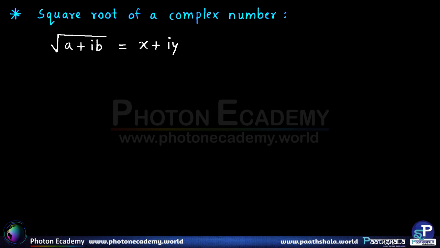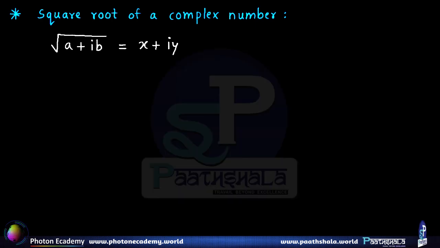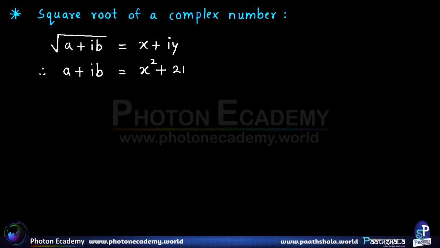Now to find x and y, first what we do is we square both sides. So therefore we have a plus ib is nothing but the square of x plus iy, which gives us x square plus 2ixy, and you have i square y square.